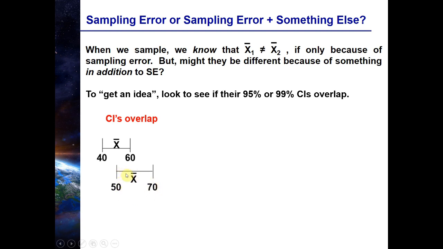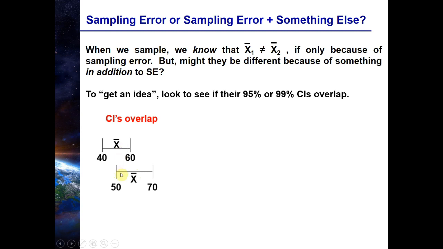Now the question is, are there values in this range that overlap with values in this range? In other words, are there shared values, shared numbers? And the answer is yes, because look, what do they have in common? The numbers 50 to 60. 50 to 60 occur in this interval, and 50 to 60 occur in this interval.